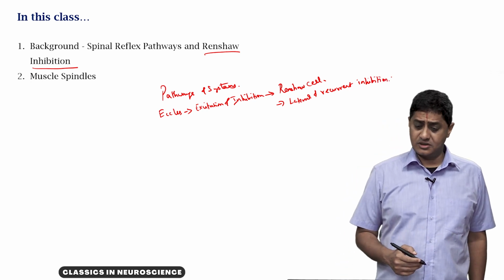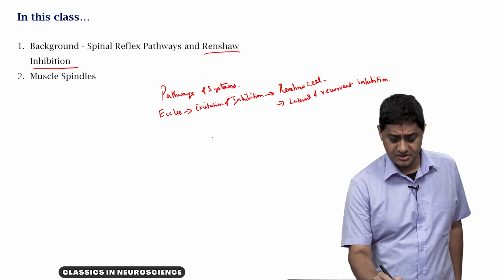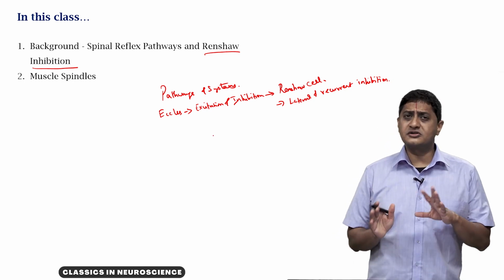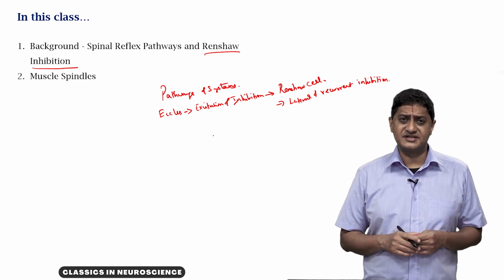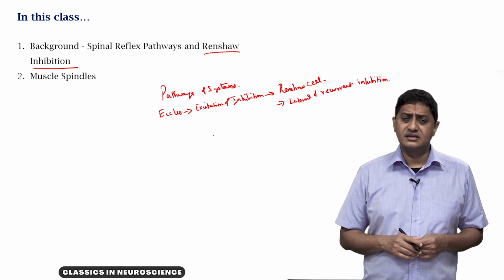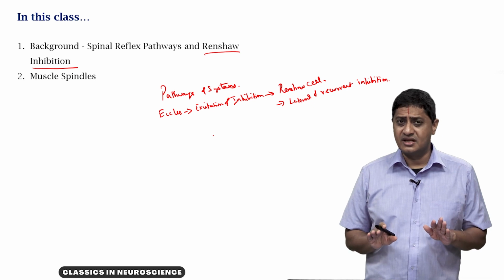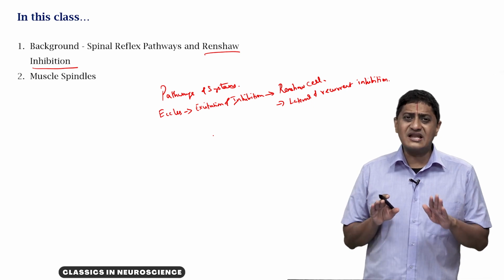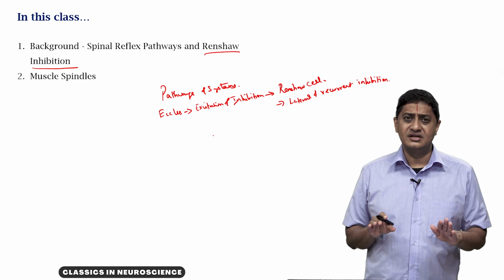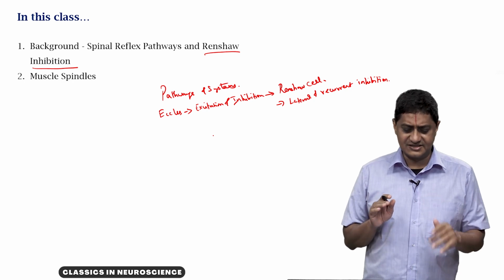Then came the work in the visual system about how contrast is perceived, for example, and how there is both excitation and inhibition acting together. So, there is a balance between excitation and inhibition in the visual system, in the retinal system.